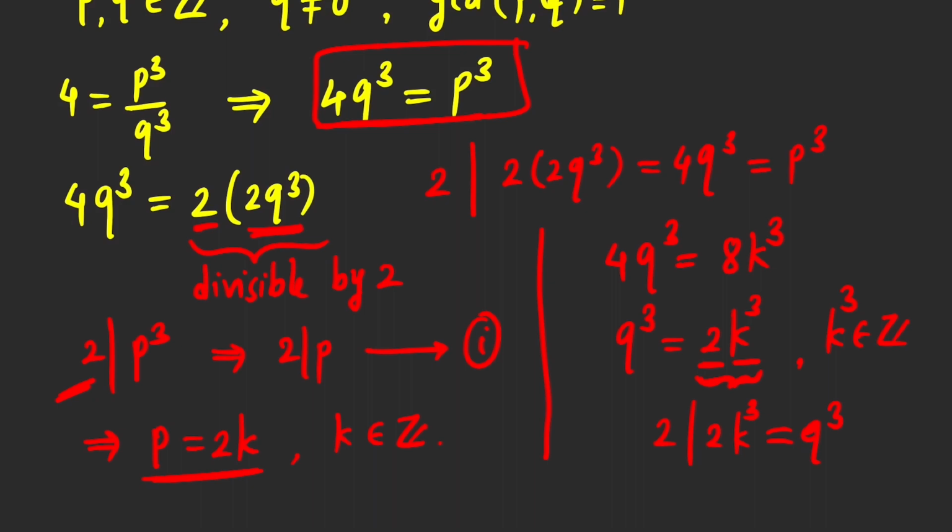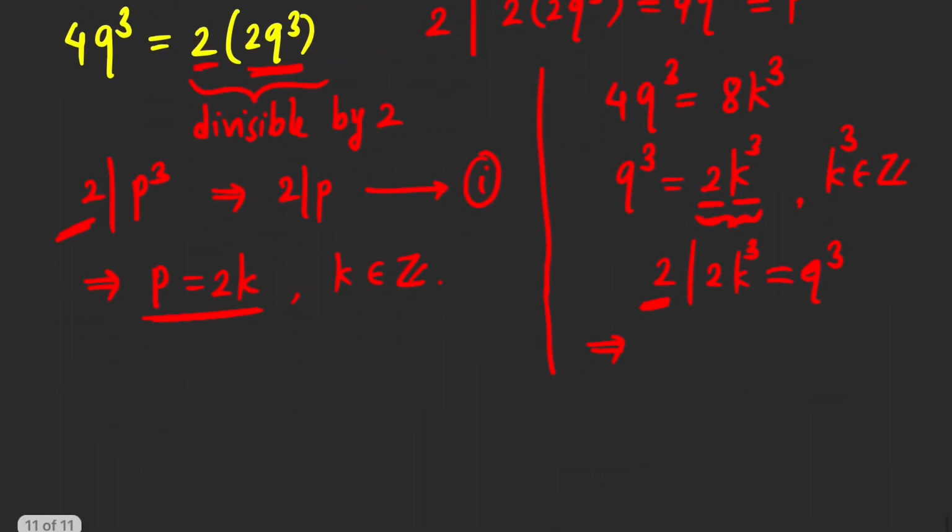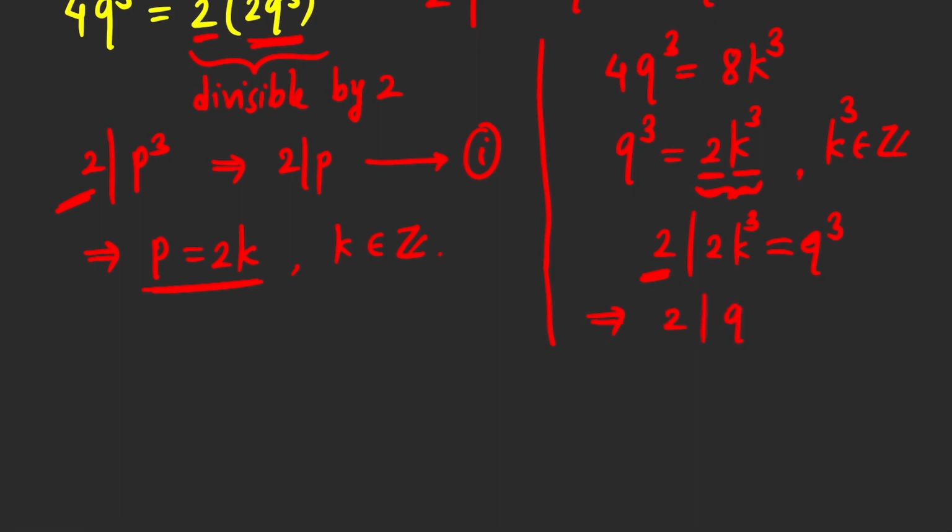That means 2 divides q cube, and remember 2 is a prime number, and therefore by the properties of prime, this gives us 2 divides q. Call this equation 2. So from 1 and 2 we have 2 divides p and 2 divides q.